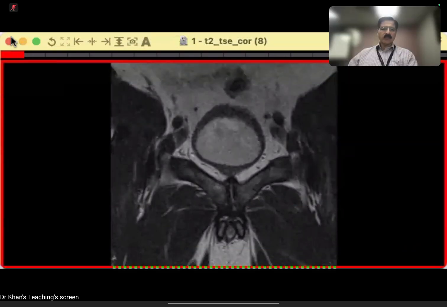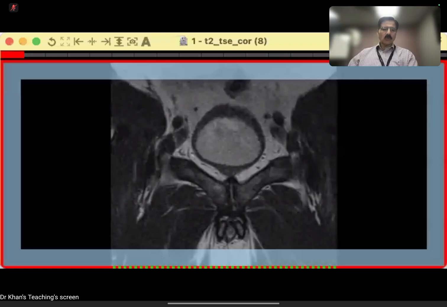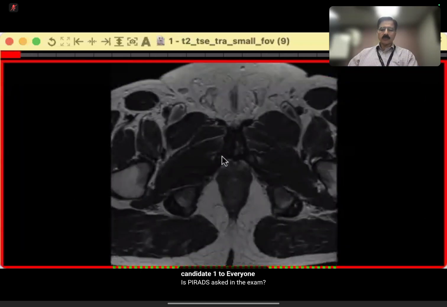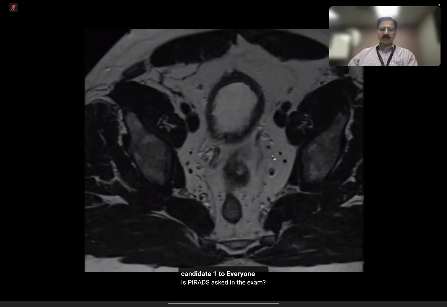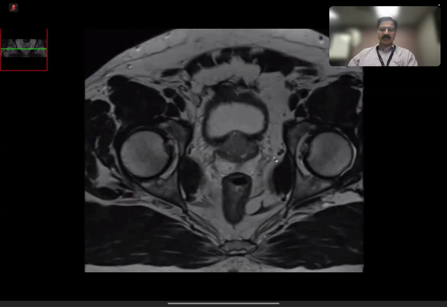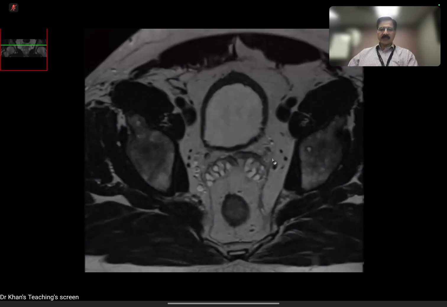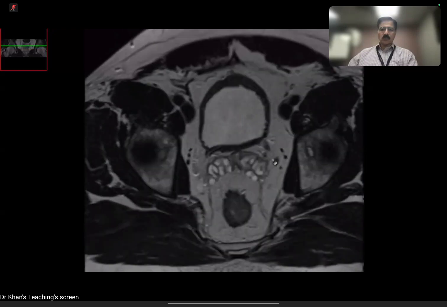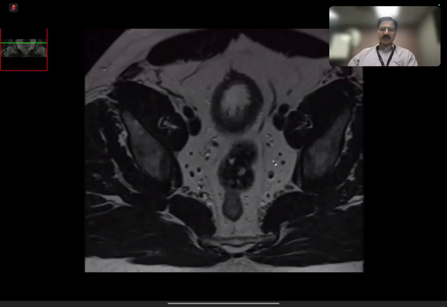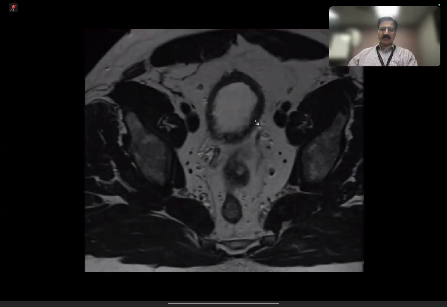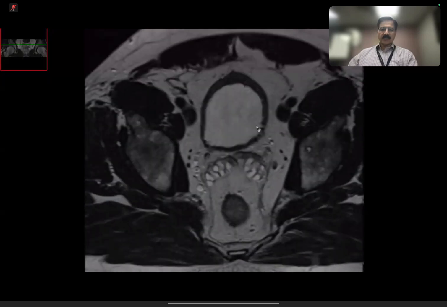Now, let me quickly go through a normal case with you. So this is a normal case. I have gone superiorly, and this is the bladder, and I am coming inferiorly.